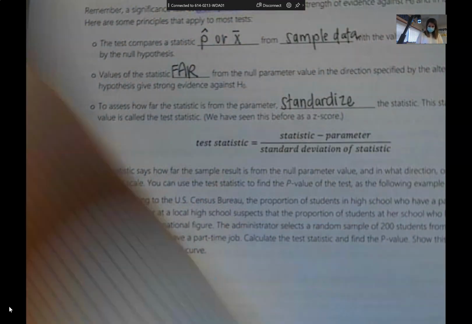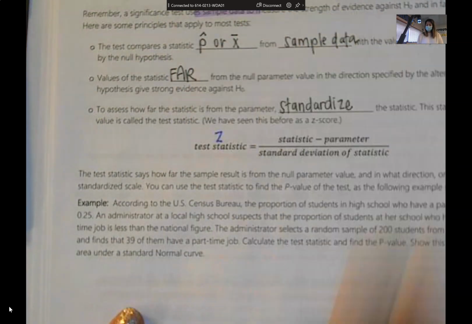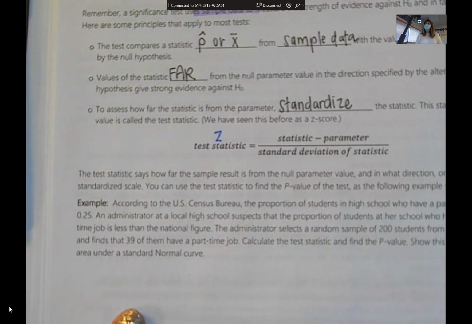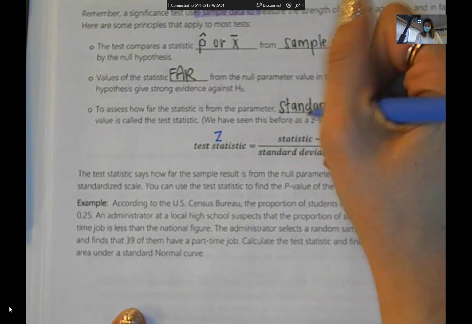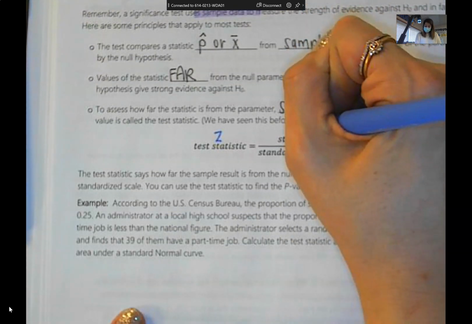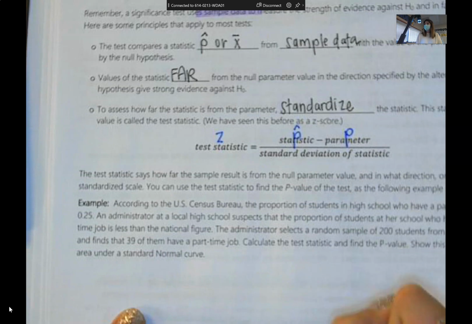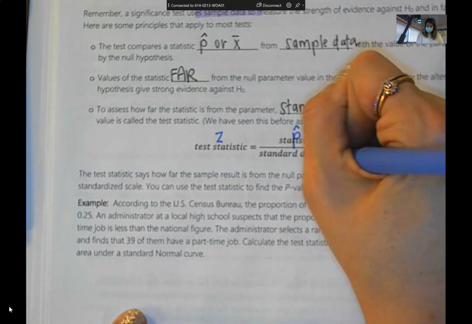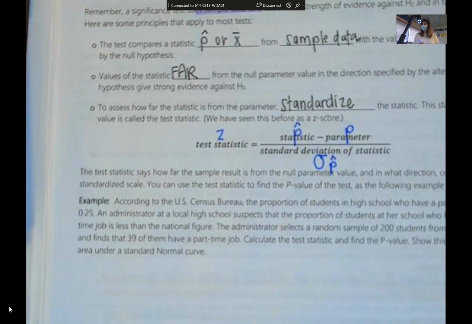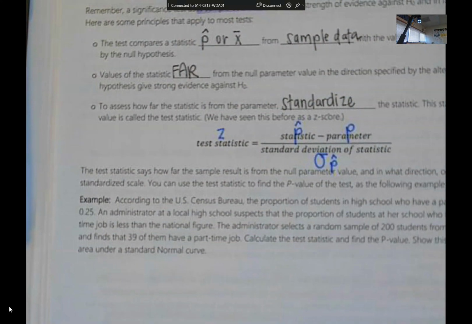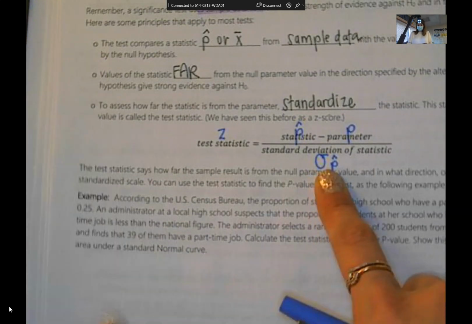This is really Z. So our test statistic is going to be Z. Our statistic is p hat. Our parameter is p. And our standard deviation is sigma sub p hat. And that sigma sub p hat is the formula on the third bullet. So our formula for this is right here.